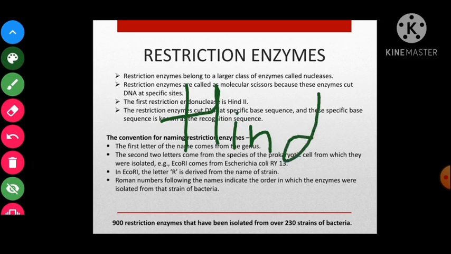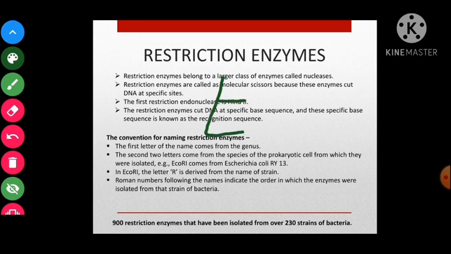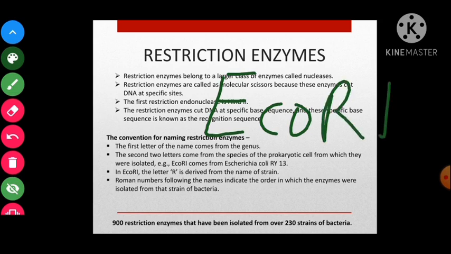Fourth one is the strain, D strain, and the Roman number indicates the order of discovery, second discovery. So that is why HindII. Similar example, EcoRI. So E from Escherichia, CO for coli, R is the strain and Roman number is 1, first discovery. So the name is EcoRI, right? So in that way the naming of restriction enzyme is to be done.